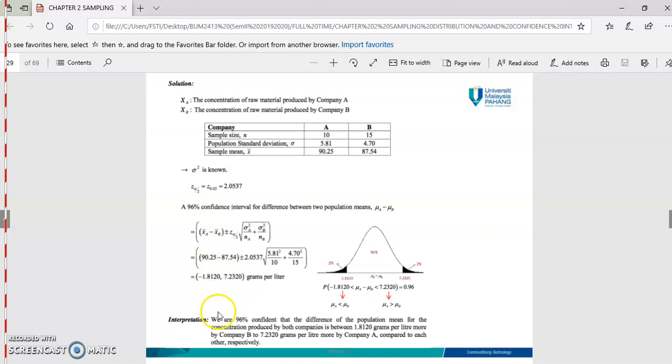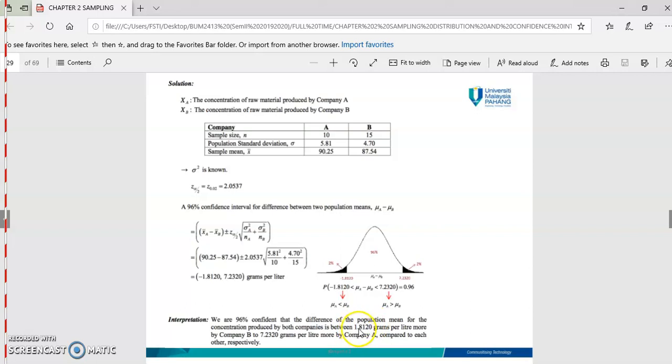When we interpret, it will be quite different. It will be like we are 96% confident that the difference of the population mean for the concentration produced by both companies is between, and we do not state the negative here.